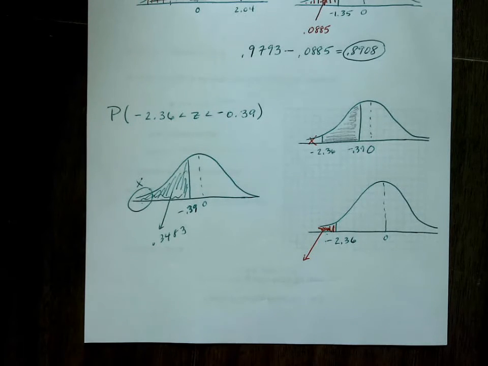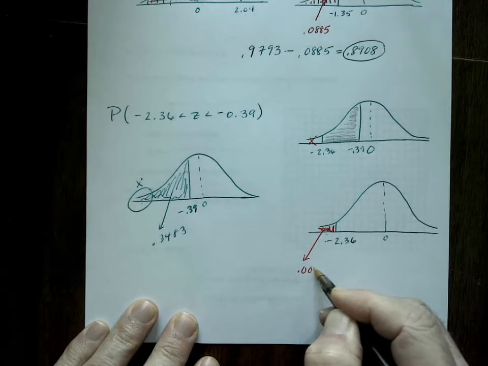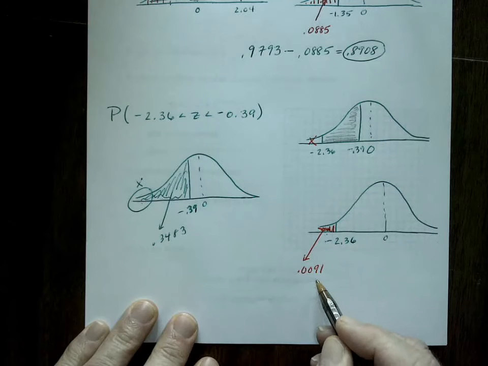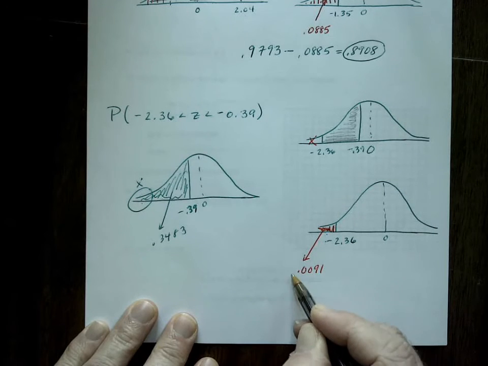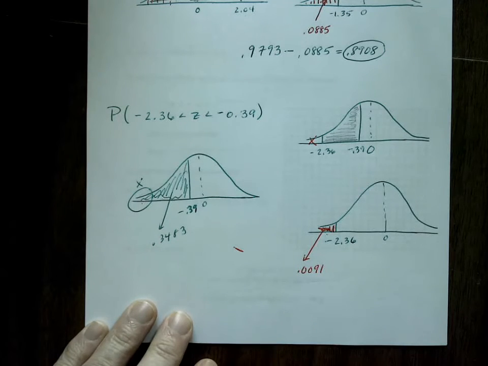Again, negative side, look up negative 2.3 over to the 6th column, and I see that that area is 0.0091. It's a really small area, but again, it's still an area that I want to take off. And so this needs to come off, needs to be subtracted off from that.